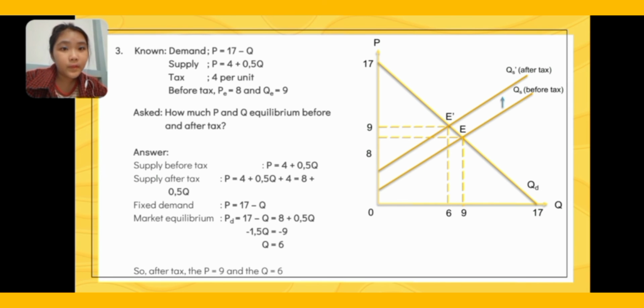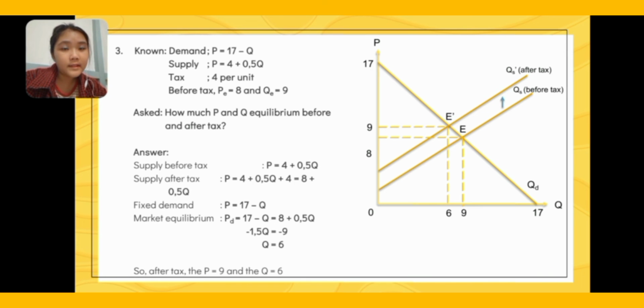We know supply before tax is P equals 4 plus 0.5Q, and after tax the supply is P equals 4 plus 0.5Q plus 4.